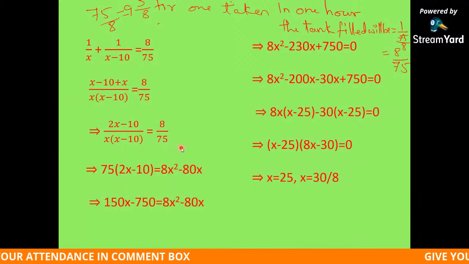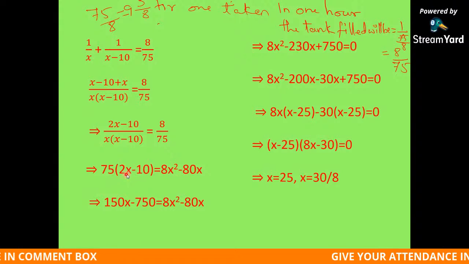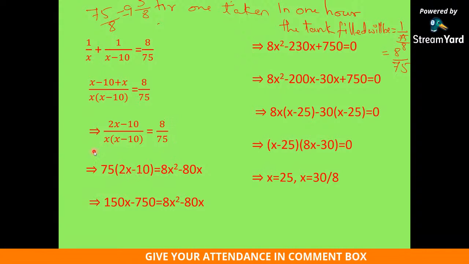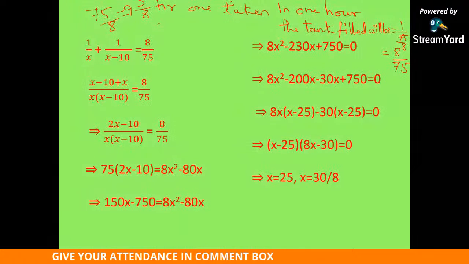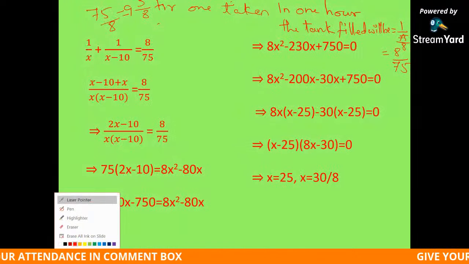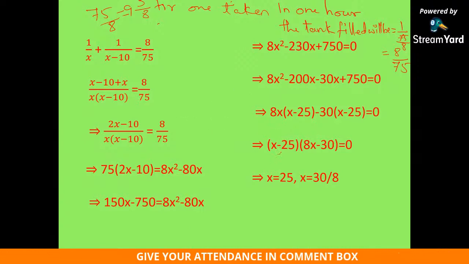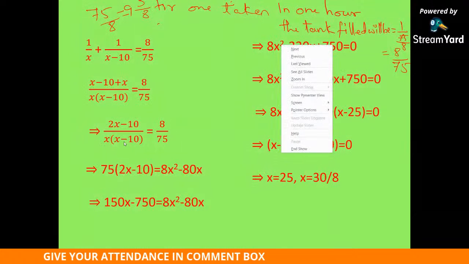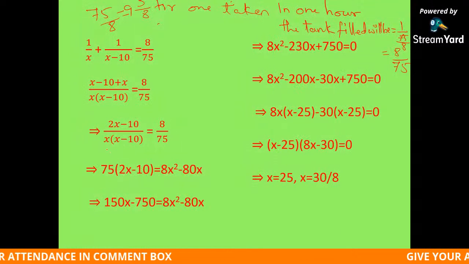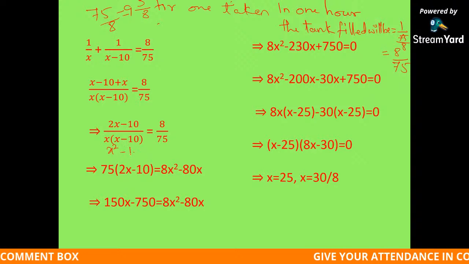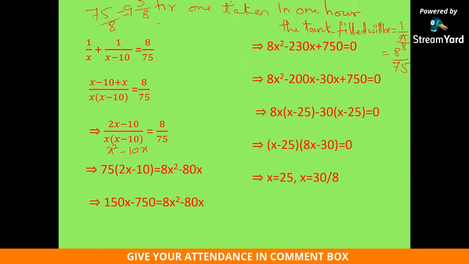If you do the cross multiplication, 75 into 2x minus 10 is equal to 8 into x into x minus 10. x into x is x square, minus 10x, right? When you cross multiply, it will become 8x square minus 80x.